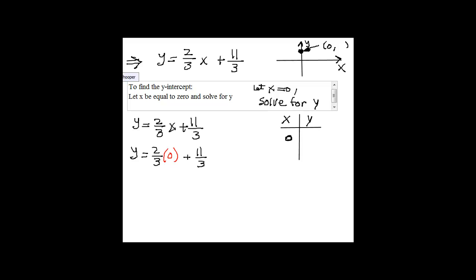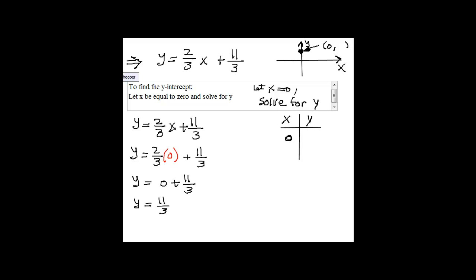So y is equal to, this is 0, right? 0 plus 11 over 3. So what is y equal to? 11 over 3. And we can look at this and say, like Roberto already said, 11 over 3.